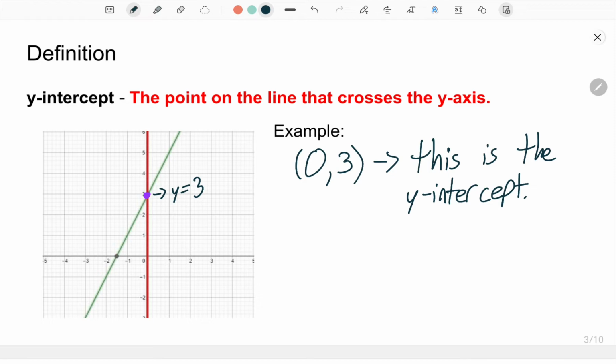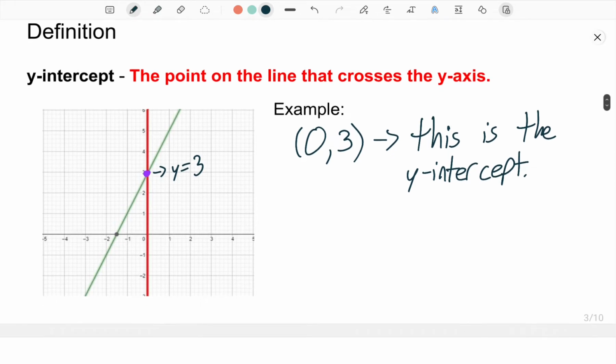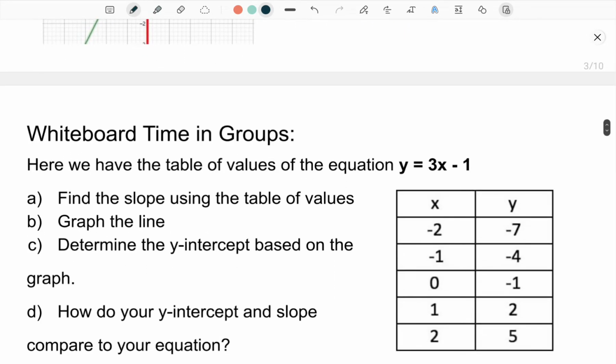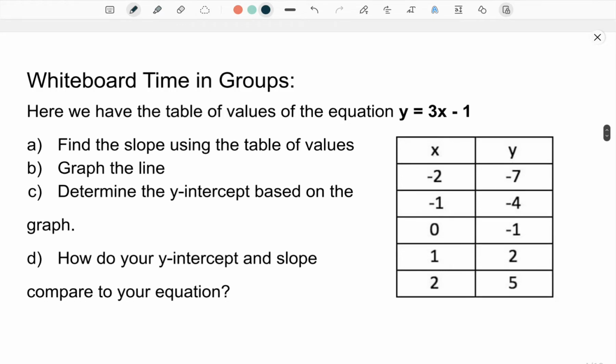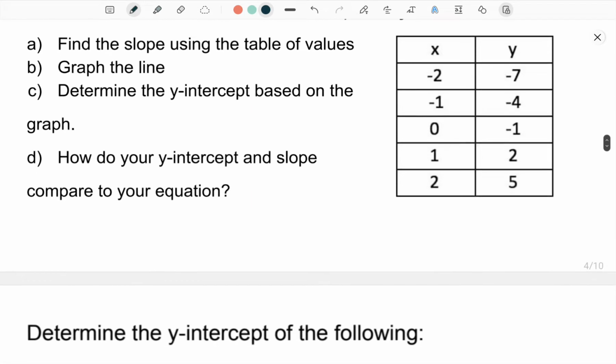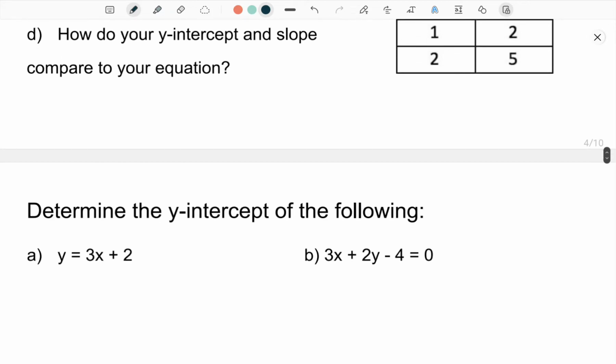All right. So again, you're just identifying where does it cross that axis. If you're watching this online, you won't be able to do this activity in groups, but we will look at other examples here through the video lesson.